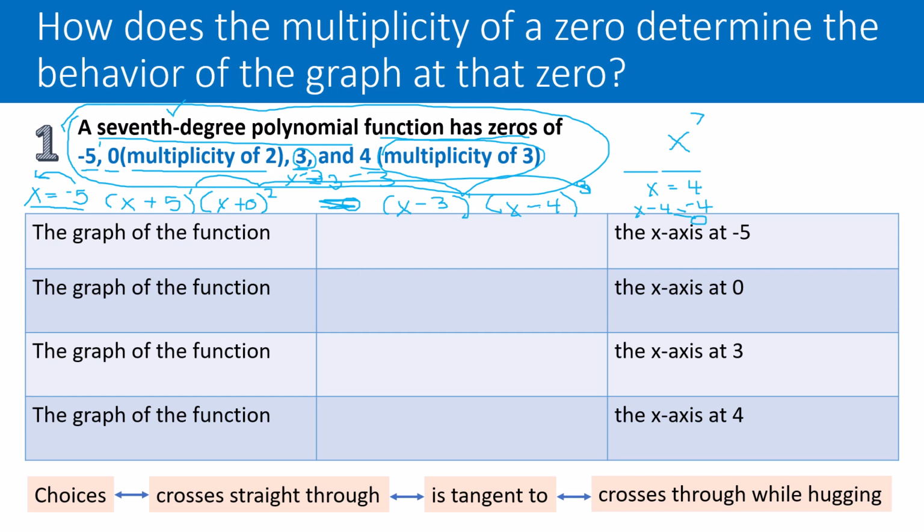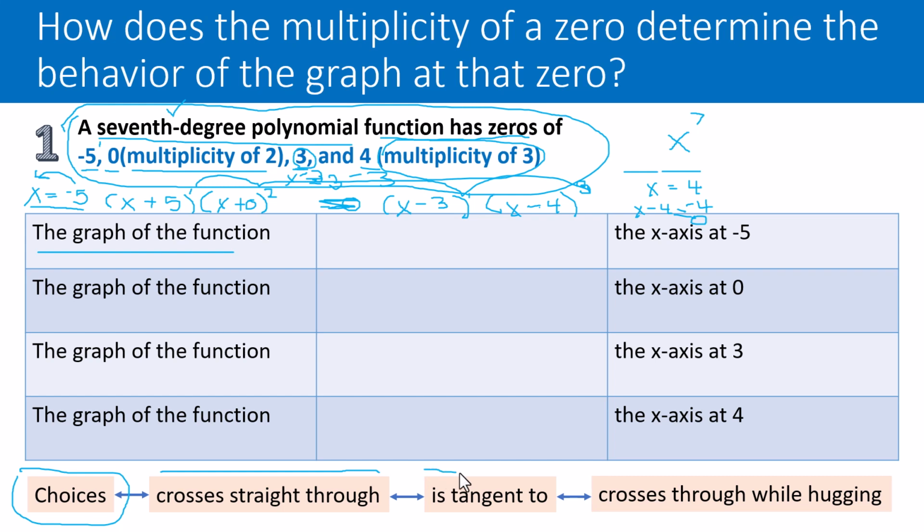So now let's put this into words. The graph of this function does what? So here are our answer choices. Right here, our answer choices we choose from. Does it cross through, straight through, like the equation of a line, without any kind of movement or wiggling?